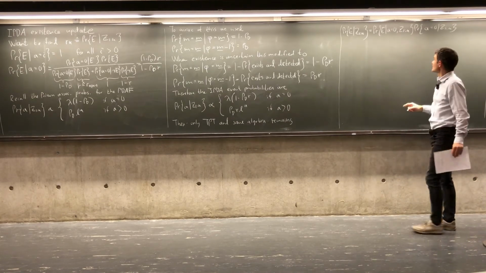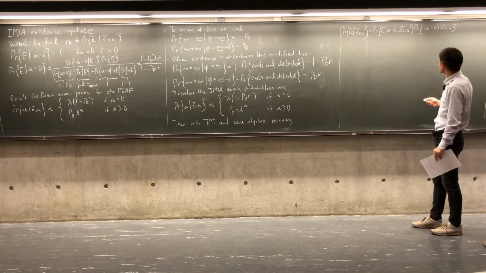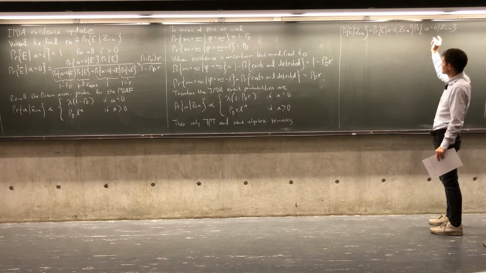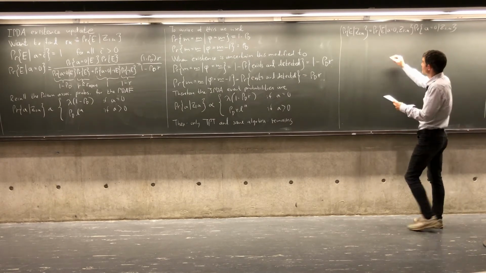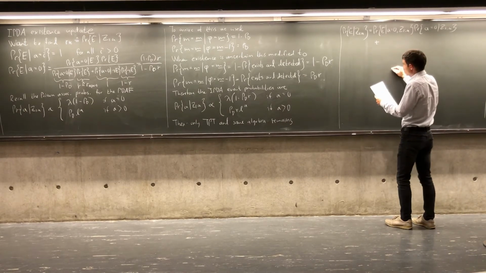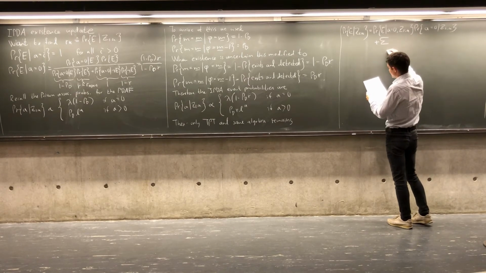First, I have one contribution from this detection hypothesis, so the probability of that, and the probability of existing conditioned on that. And then I'm going to have contributions from all the measurements.